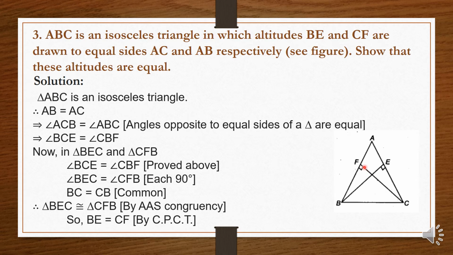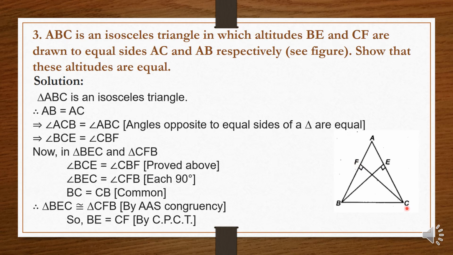So the triangle here has the side BC and the triangle here also has the side BC. So we can see there are two angles and another side which are equal. Therefore, the two triangles are congruent using the AAS congruency rule. As a result, BE is equal to CF by CPCT. So we can say that BE is equal to CF.